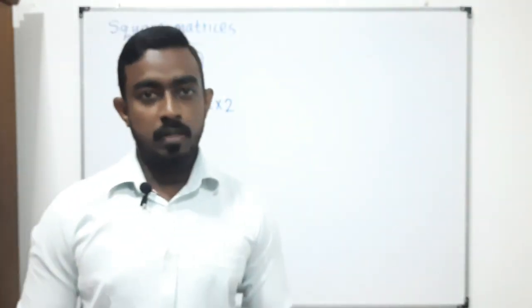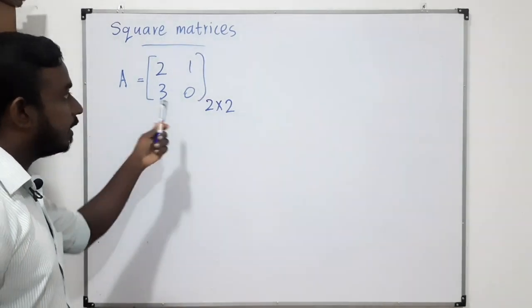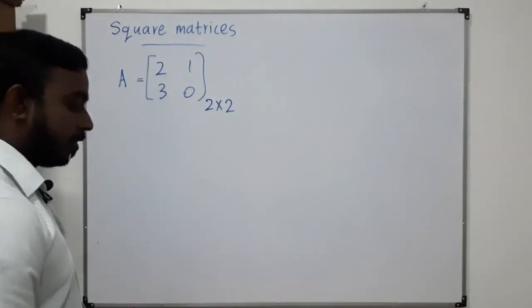If I write down a square like this, 2, 1, 3, 0, and name it A, and write down the order of this matrix, it will be 2 rows, then 2 columns. As you can see, the number of rows and the number of columns are equal. So if the number of rows and the number of columns are equal, they are known as square matrices.